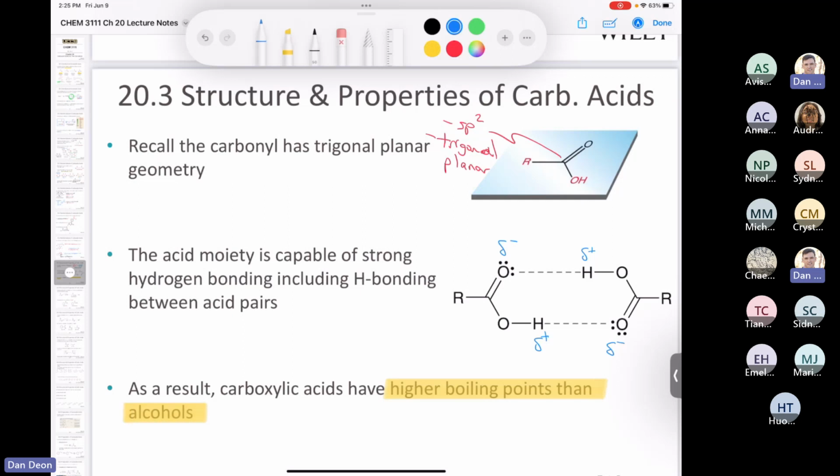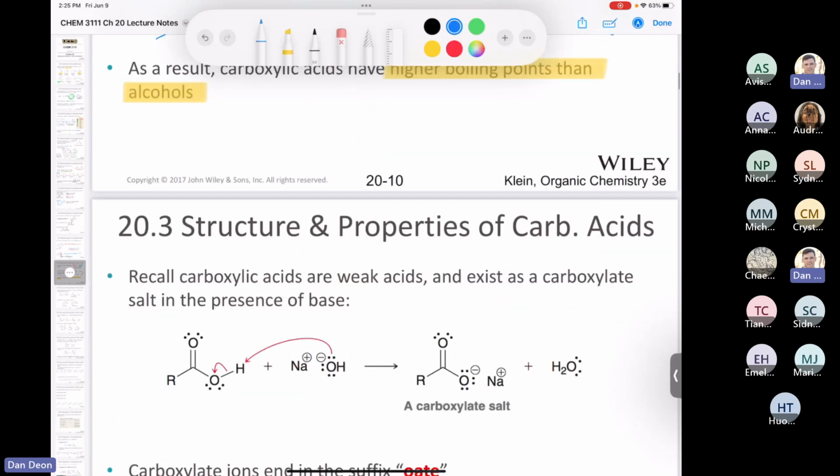If you were to compare something like ethanol versus ethanoic acid or acetic acid, the carboxylic acid is going to have a higher boiling point, because it can do even more hydrogen bonding. The boiling point of acetic acid is around 118 degrees Celsius, and the boiling point of ethanol, you probably know, is 78 degrees Celsius. So anyhow, just a little food for thought there.